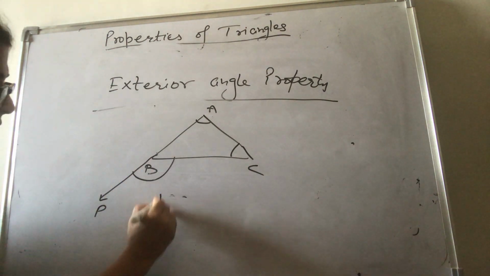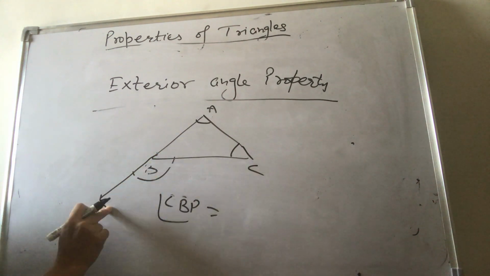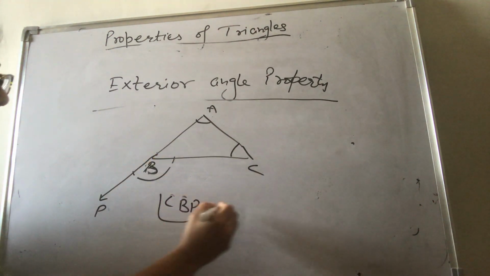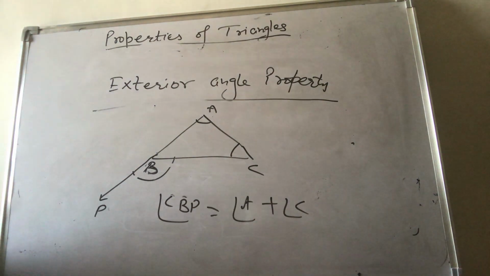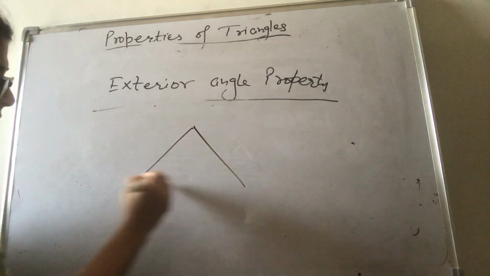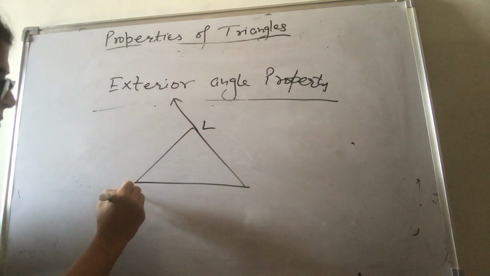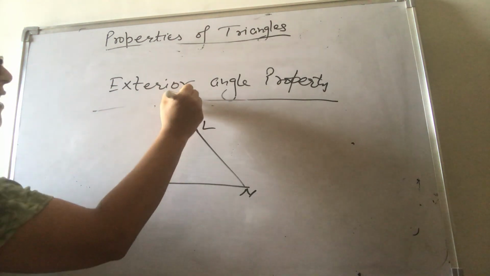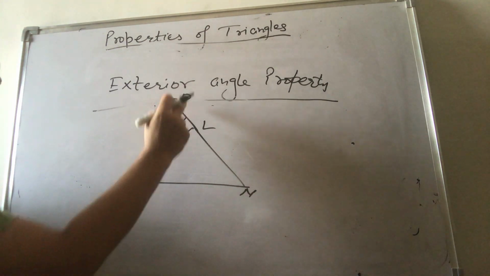Exterior angle CBP is equal to angle A plus angle C. If I extend this side, suppose its name is LMN and I have extended it till O, now the exterior angle's name will be MLO.